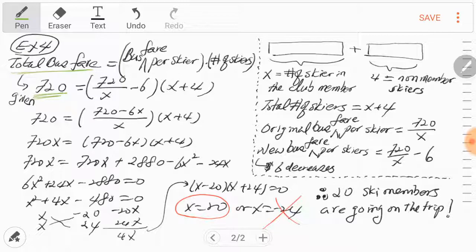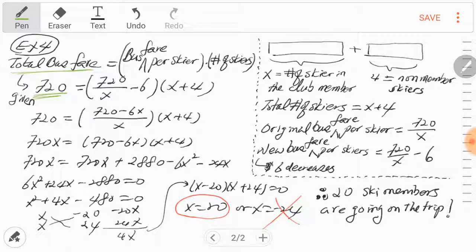And then we are looking for how many ski members are in the club. So let's say X is the number of skiers in the club. And then they invited 4 non-member skiers. So 4 of them are not in the club. So the total number of skiers is X plus 4. So X is the number of club members and 4 is non-members.